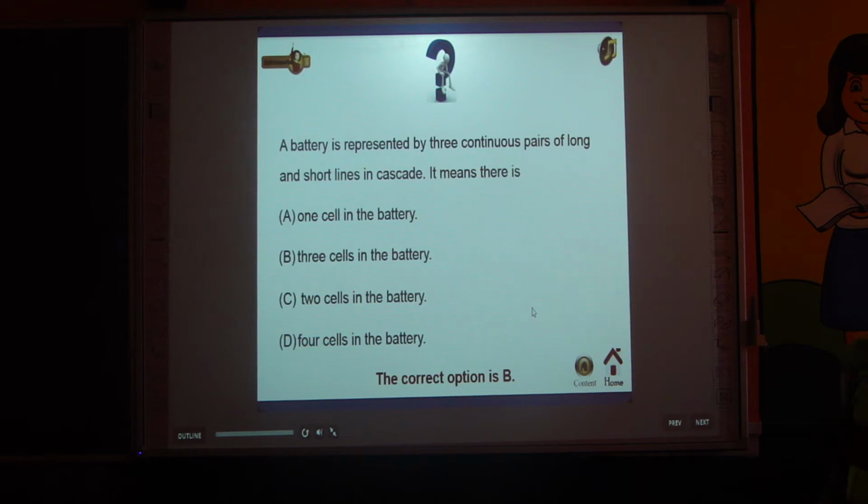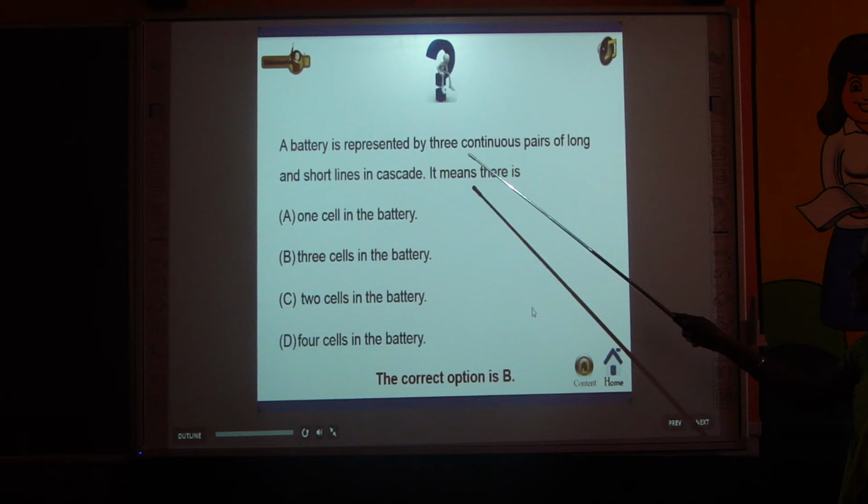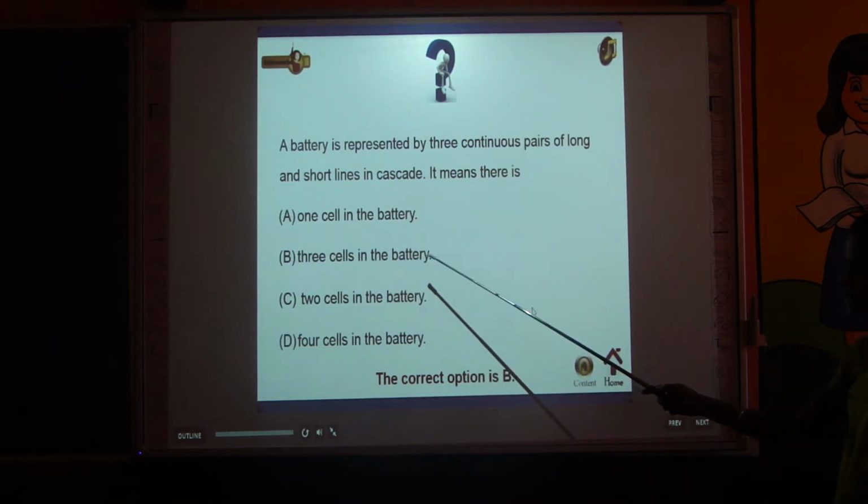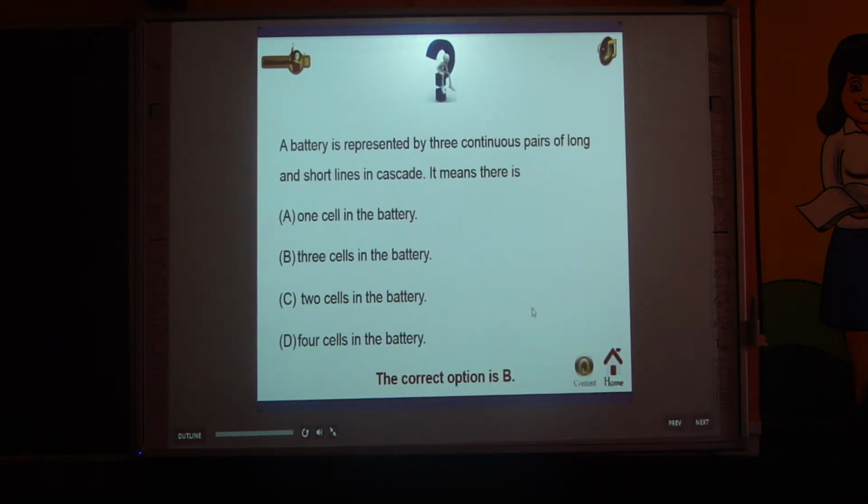And the larger one is positive terminal. Here what is the question? A battery is represented by three continuous pairs of long and short lines in cascade. It means what? The answer is three cells in the battery. The correct option is three cells in the battery.